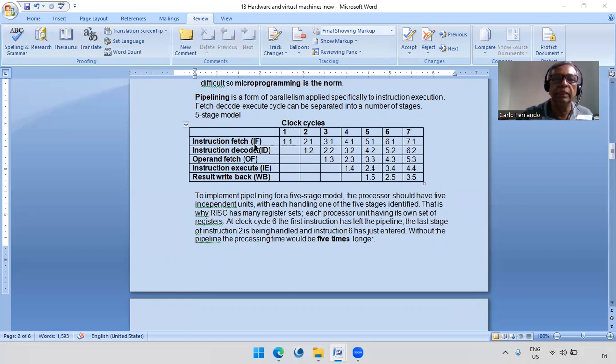We'll see why it is necessary. Then the stages are instruction fetch, instruction decode, operand fetch, then instruction execute, that is what to do, multiply or whatever, right? Then result write back, the storing of the final answer.